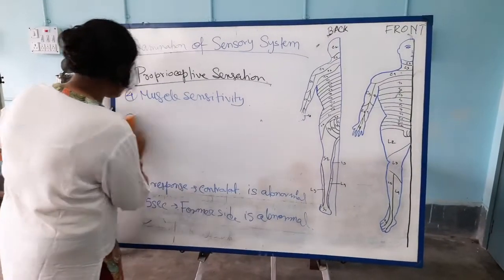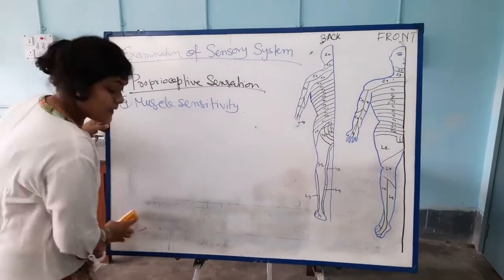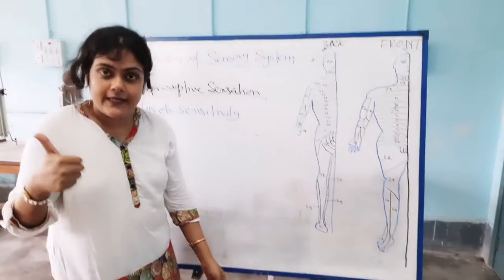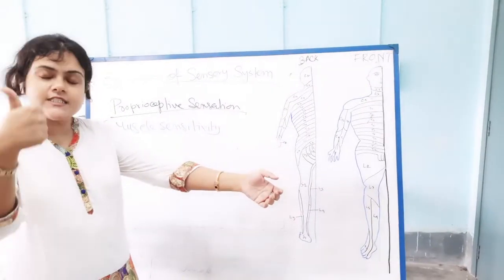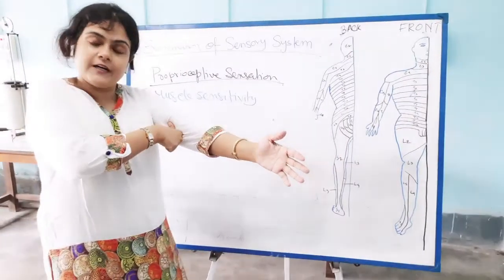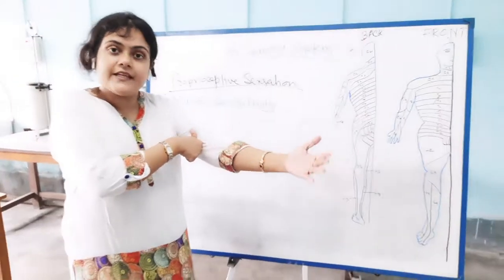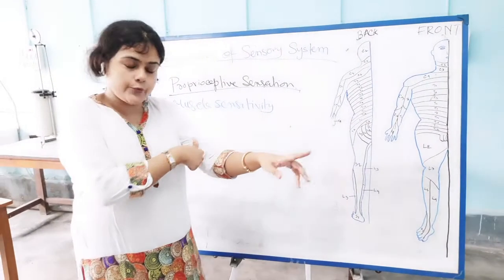Now what are we going to do? Just put your thumb firmly over a muscle bulk, either in the arm or forearm, and after applying a certain amount of pressure, he will feel discomfort and he will notify you.